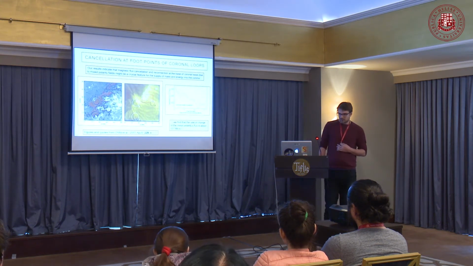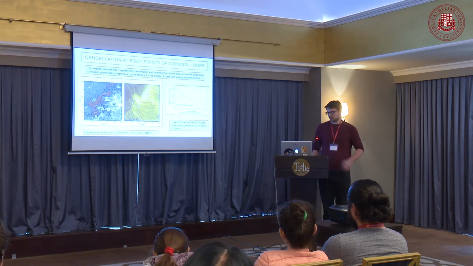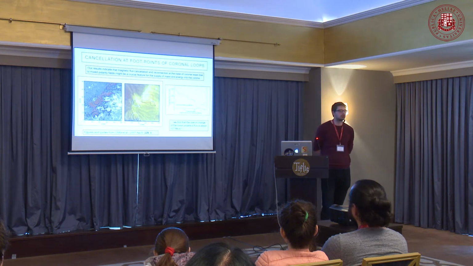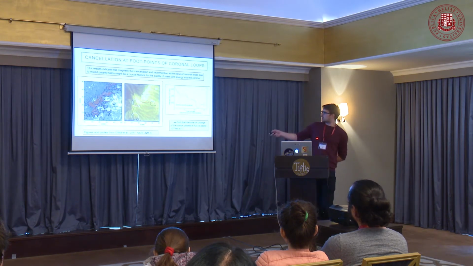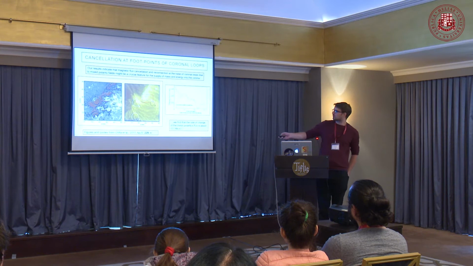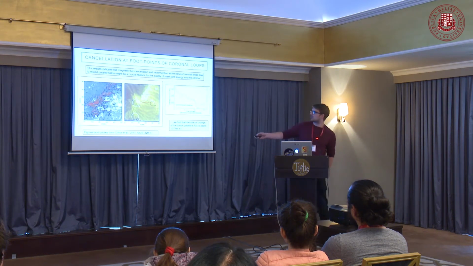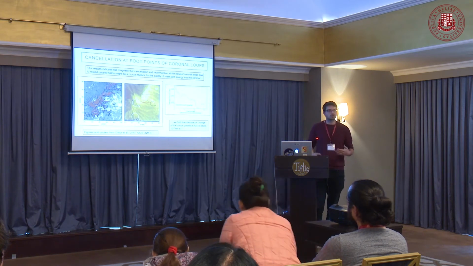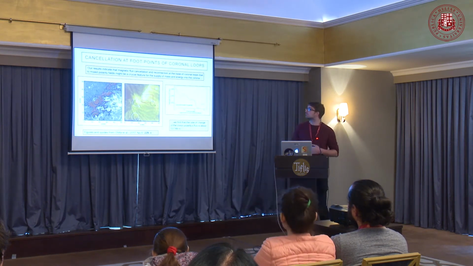The second half of my talk is essentially some preliminary research that I've been working on, looking at cancellation at the foot points of coronal loops. This is the observation from Sunrise, where you have the positive and the negative polarity magnetic fields, and the resolution of this instrument was much better than we can get with the HMI instrument.